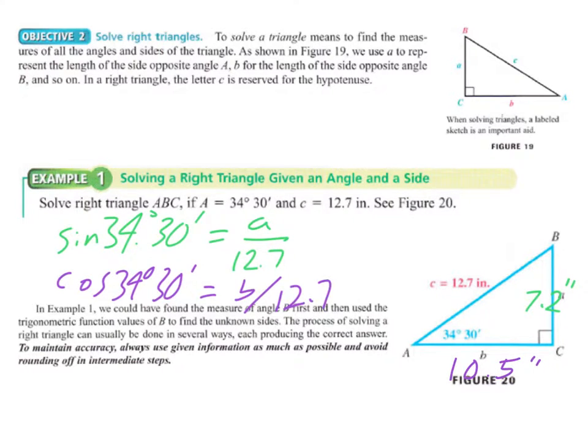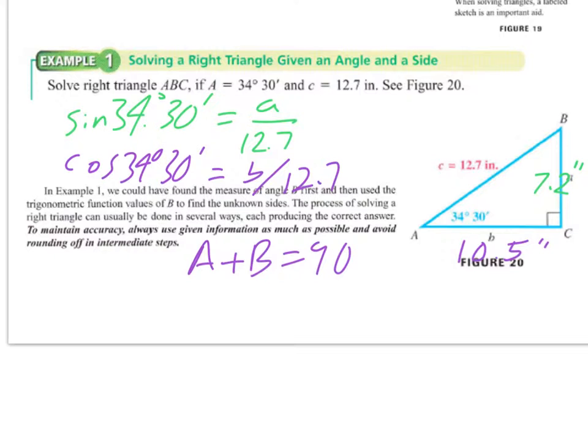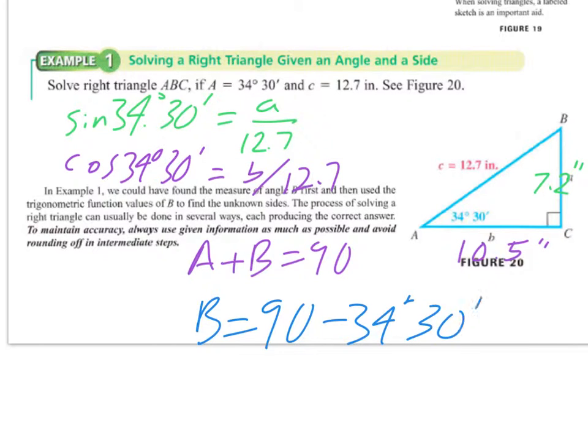And then all I have to do to find angle B is I know that angle A plus angle B would equal 90 degrees. So really B equals 90 minus the 34 degrees and 30 minutes.